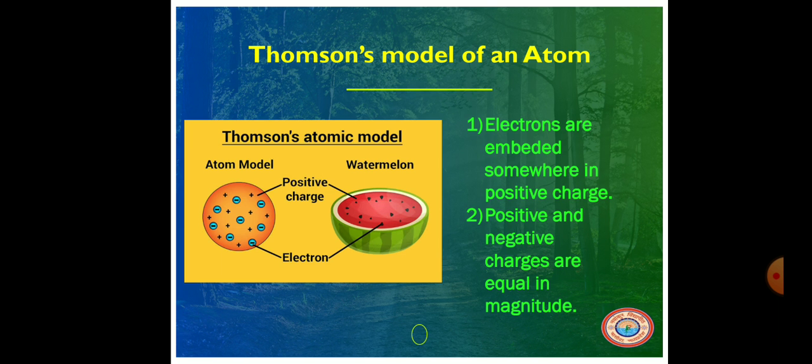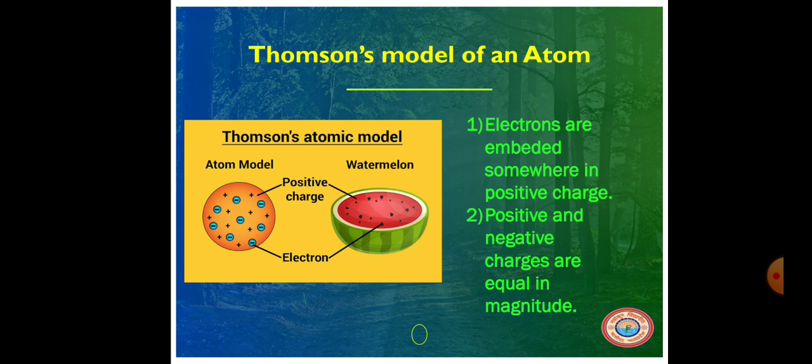So he compared the positive charge with the red area of watermelon and the negative charge with the seeds of the watermelon. So with the help of this, Thomson concluded that the positive charge is spread all over the area and negative charge is embedded in it. This is the first point of the conclusion of Thomson's atomic model.